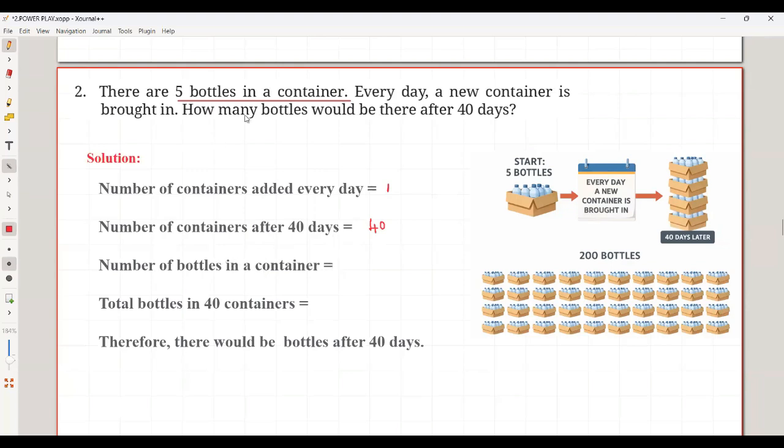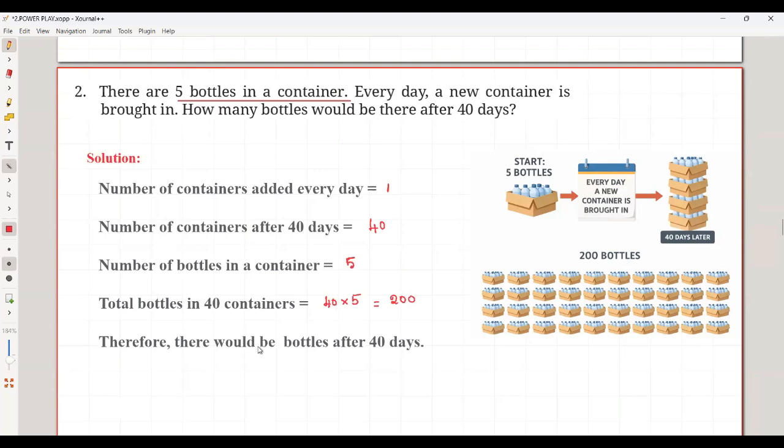Number of bottles in a container. In each container we have 5 bottles. So total bottles in 40 containers, we can just find out 40 into 5. 40 into 5, 4 5s are 20, so we'll be having 200 bottles.